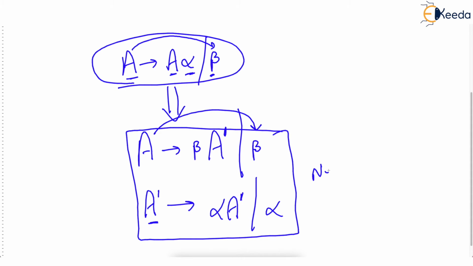This is not left recursive, because the right hand side doesn't start with capital A. Earlier you could see the right hand side started with capital A. Even this grammar is not left recursive, because A dash derives alpha followed by A dash. So this is the way you remove the left recursion.